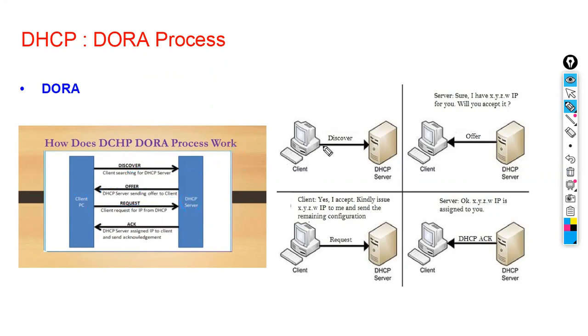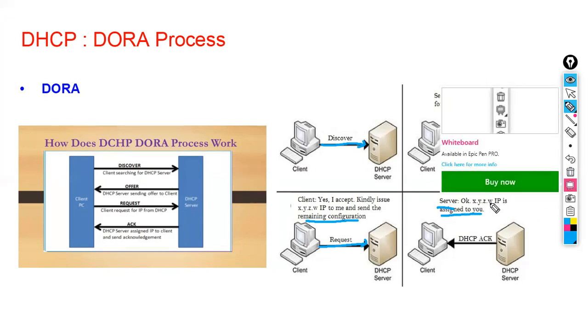If you see here, the client is sending the discover message and the DHCP server is sending the offer: I have XYZ IP address for you. Will you accept it? So the client will send the request and say, yes, I accept. Kindly issue XYZ IP address to me and send the remaining configuration, meaning subnet mask, default gateway, etc. Then the server will send the IP address with other information: okay, XYZ IP address is assigned to you.